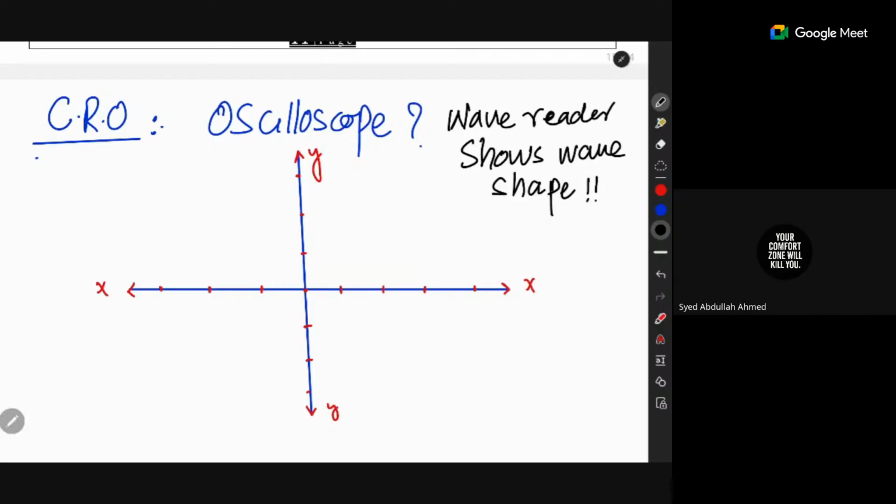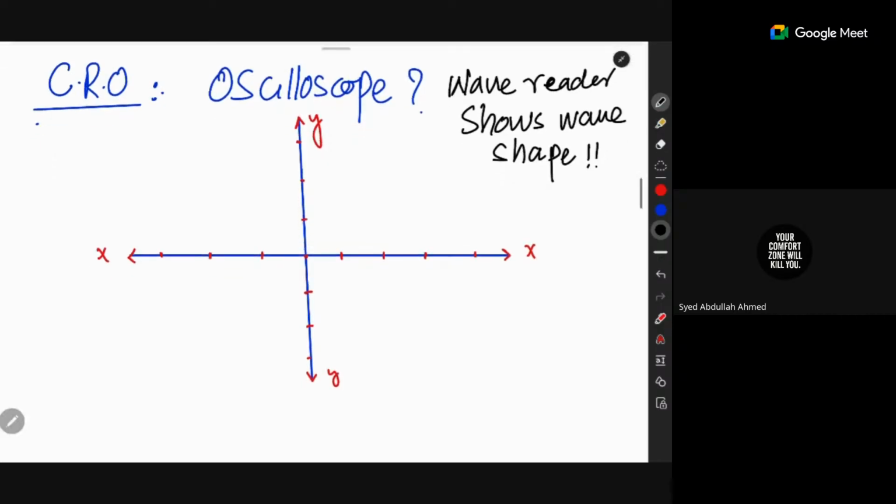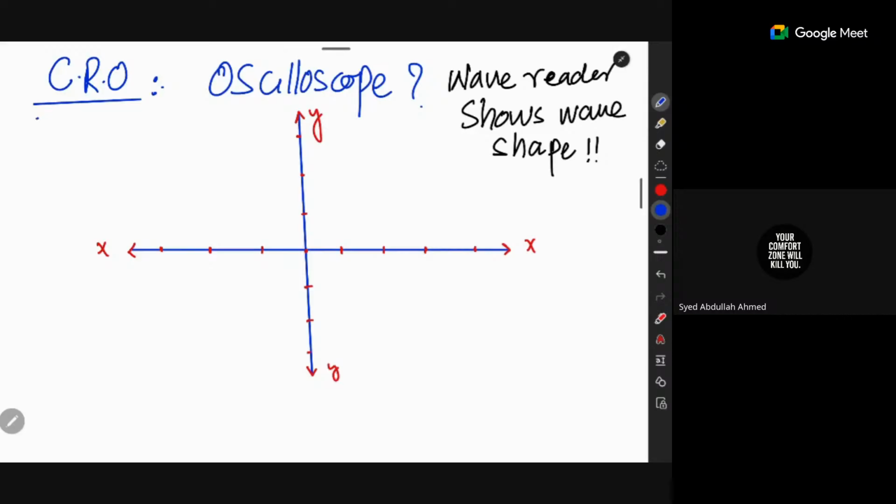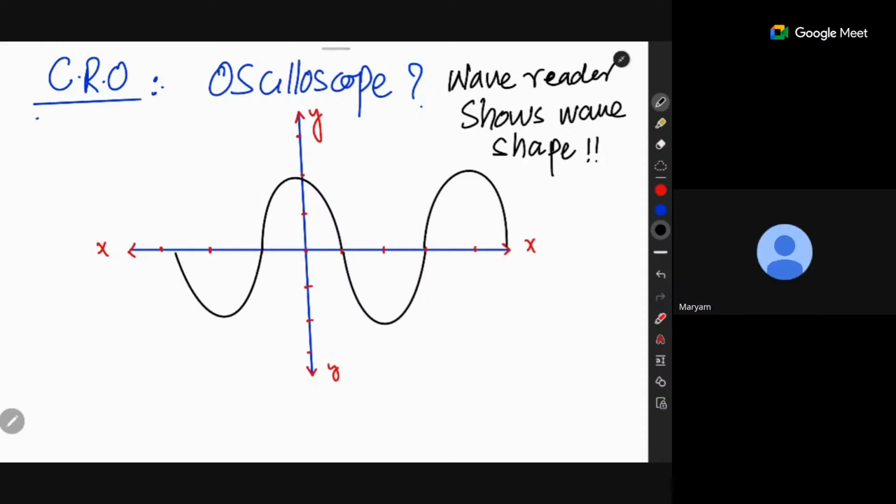Okay. So when I say this, let's say I am showing you a wave. This is a wave, and in that wave, definitely, what are the properties of a wave? Can anybody tell me? Yes, a wave can have time period, right?